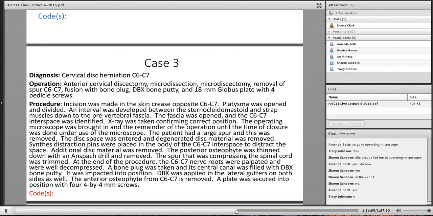Just a nice lesson. Okay. Have we thoroughly discussed that? Any other questions? So now you have some idea. You probably need to practice a little bit on what we're looking for when you're coding for a spinal decompression.